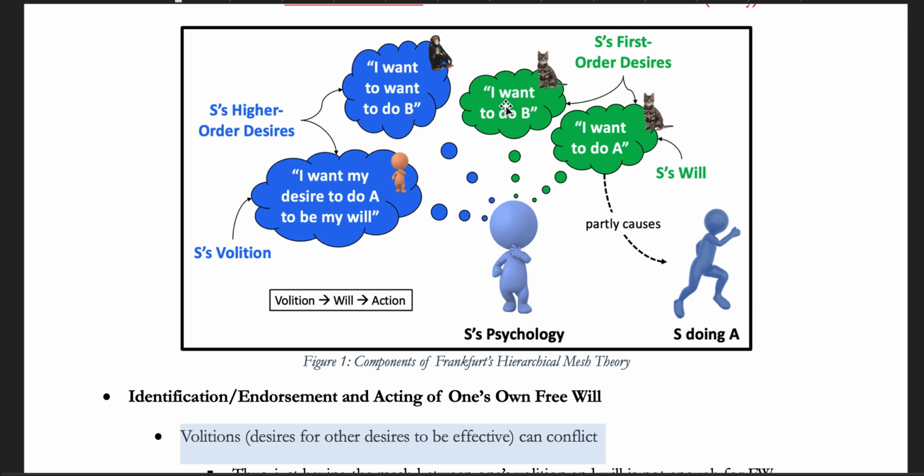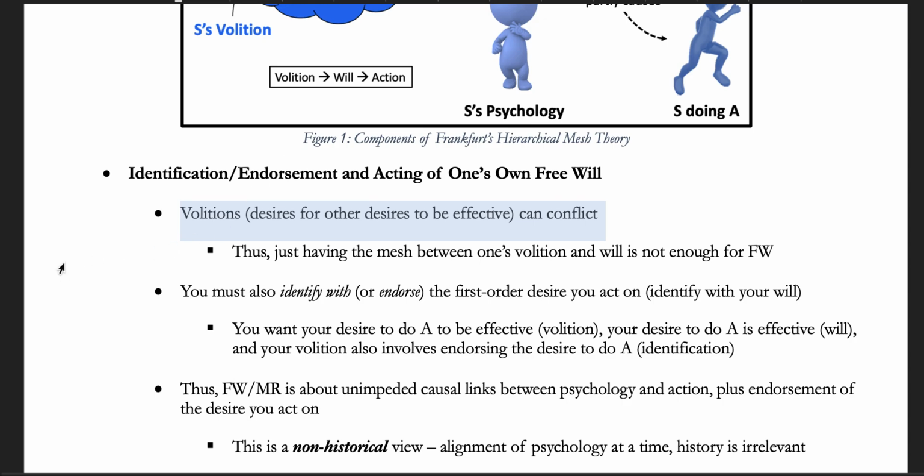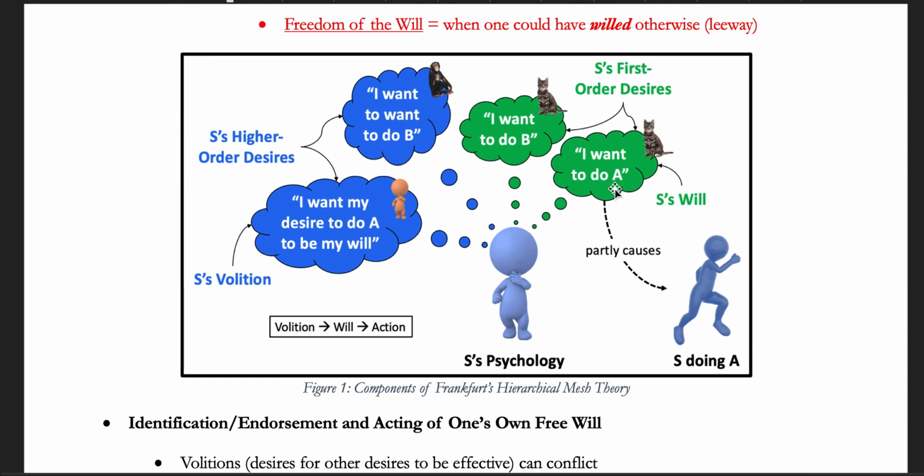You might just be really torn, right? Not only in your first order desires, you have competing wants, but even after you think about it, you might have competing higher order wants, right? And because of that, just having a mesh between your volition and your will is not enough. Just having the desire that moves you mesh with a volition might not be enough, because you might have some other volition.